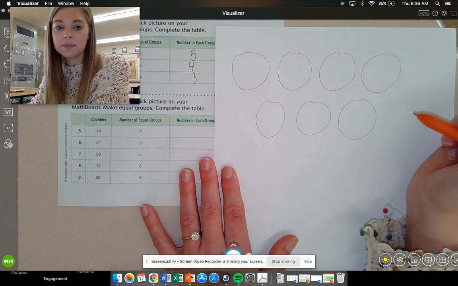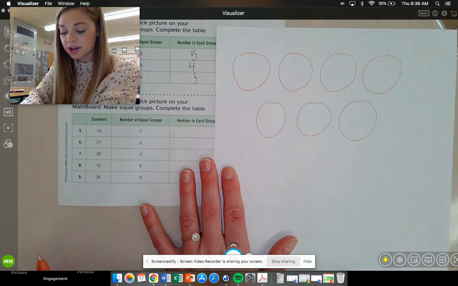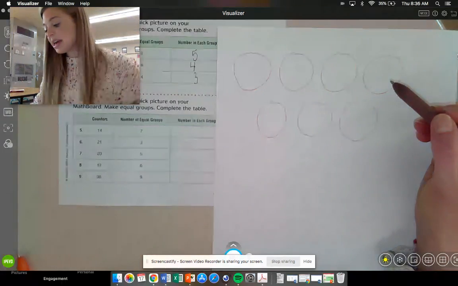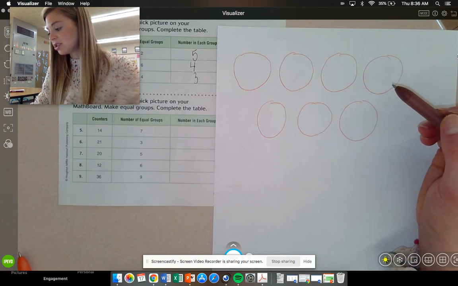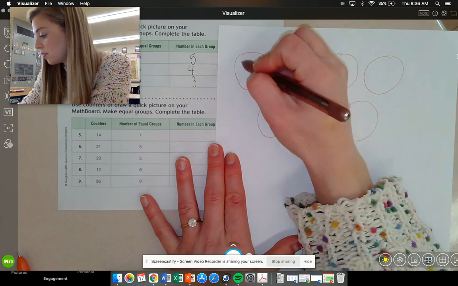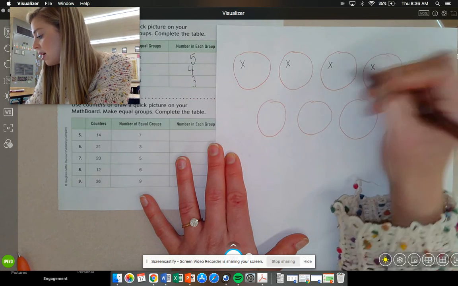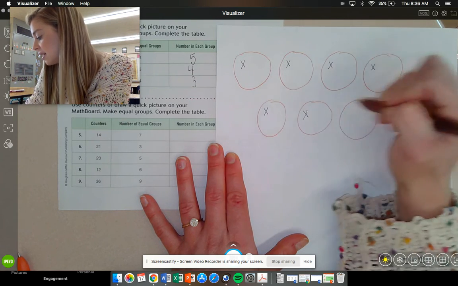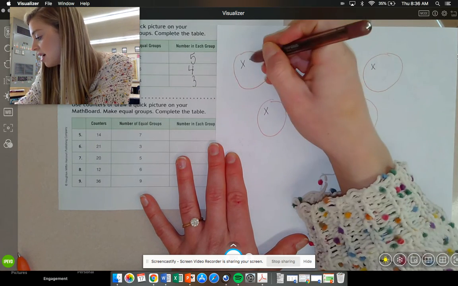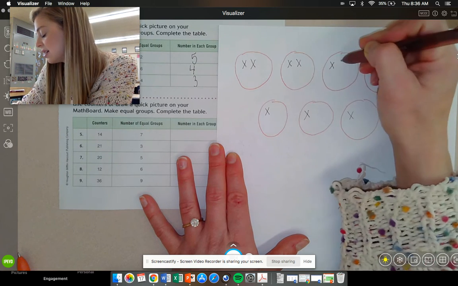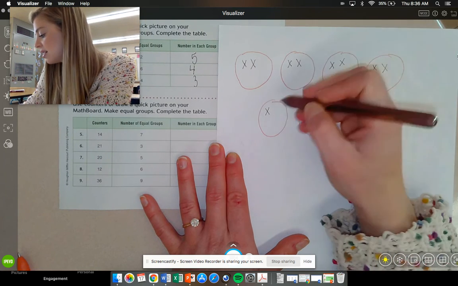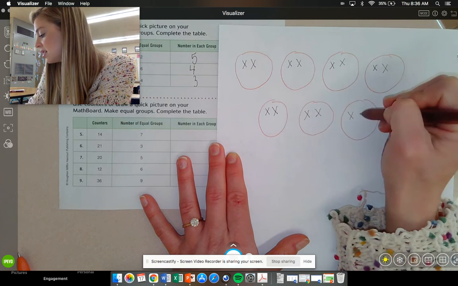So 7 groups, and I have 14 counters in all. So I have to put 1 in each until I get to 14. 1, 2, 3, 4, 5, 6, 7, 8, 9, 10, 11, 12, 13, 14.